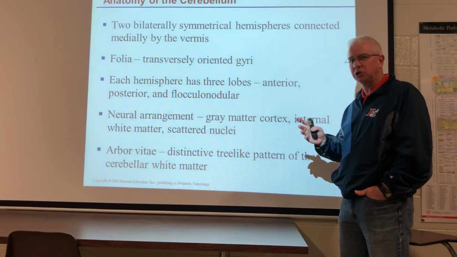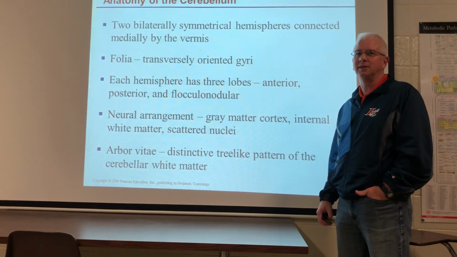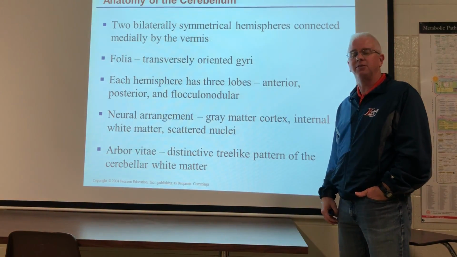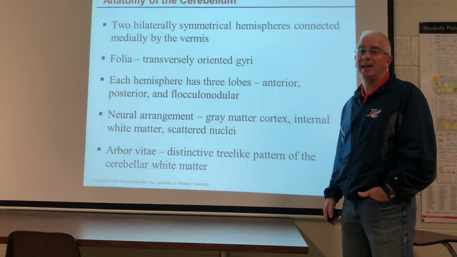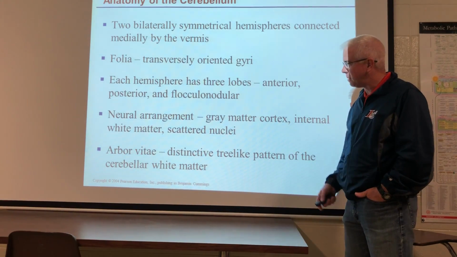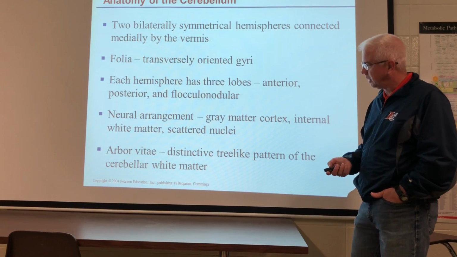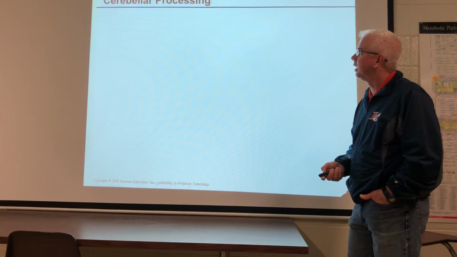They named this little tree the Tree of Life. Isn't that interesting? So all subsequent generations after the original naming would have to think about the Tree of Life, the Arbor Vitae, when they labeled the white matter of the cerebellum. This is a tree-like pattern in the cerebellum when you look at it from a lateral view.